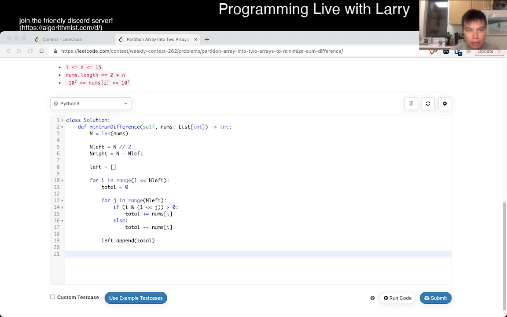Trying to think whether this would be fast enough in Python. I think the last time I did something like this, it was time limit exceeded in Python, but we'll see. Okay.